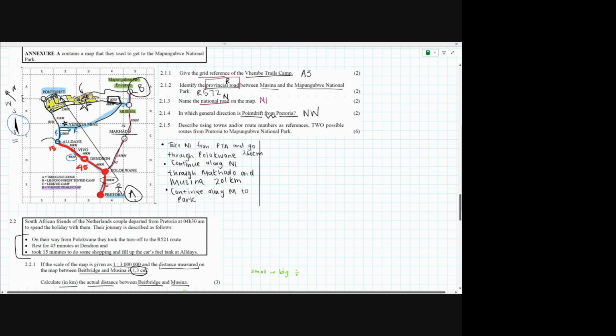So we'd have to add 260, 60, 40, 50, 122. Where are we? The 23, and we'd have to keep adding. Basically, you're adding distances. Okay, that's all you're doing. Just add your distances and you're going to be absolutely fine.